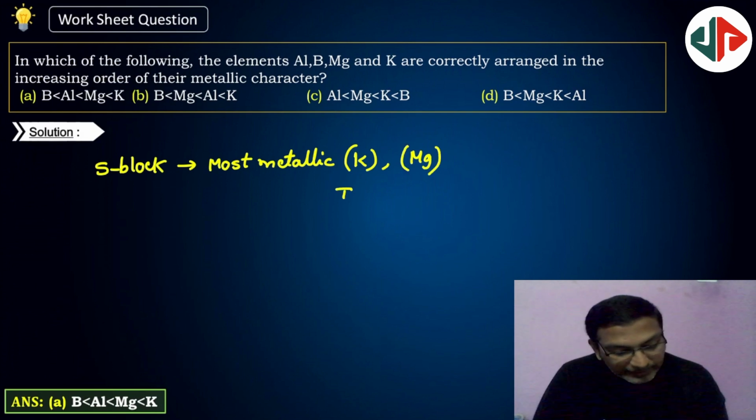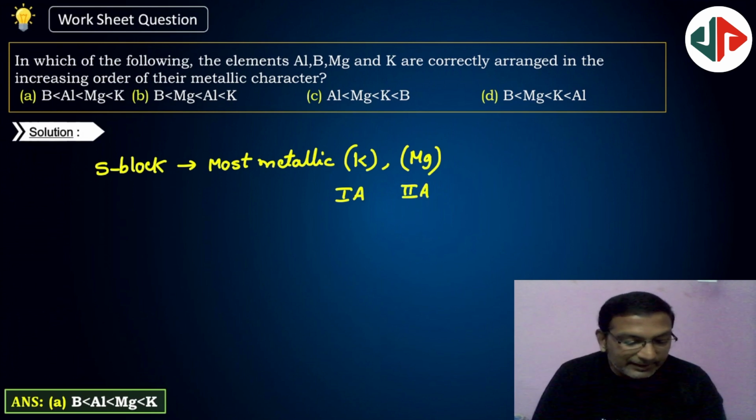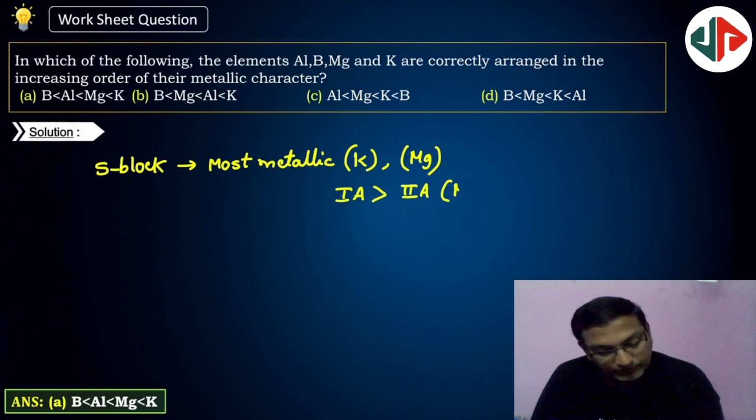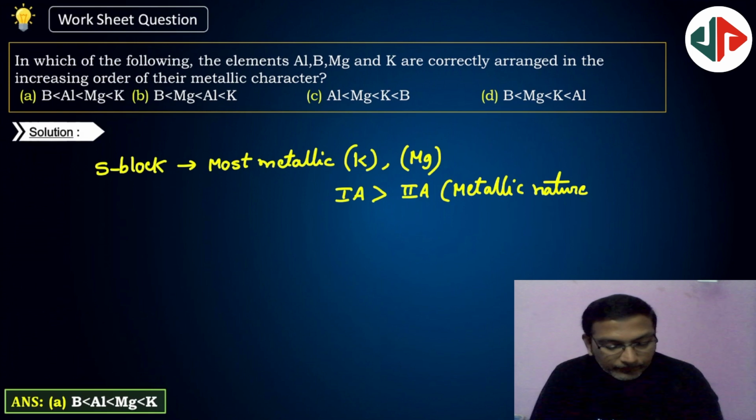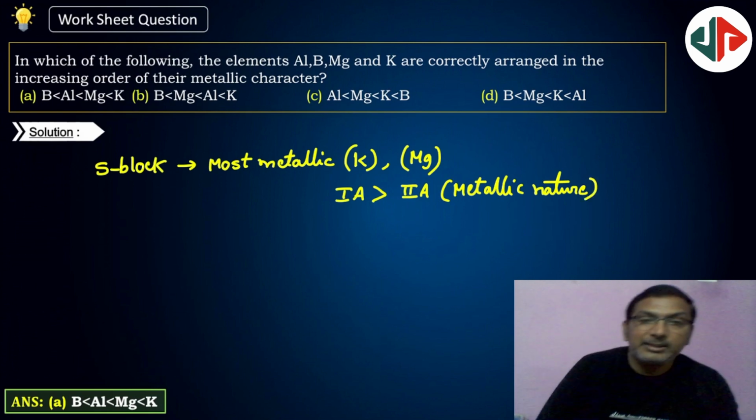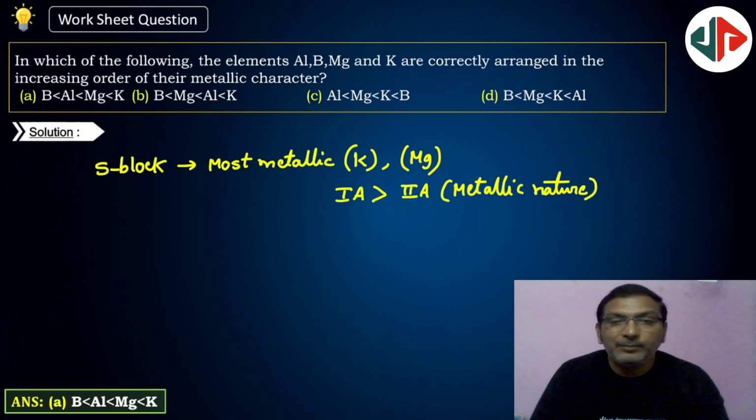This is a 1A group element and a 2A group element. Between 1A and 2A, metallic nature is more for 1A. So between potassium and magnesium, potassium will have more metallic nature.